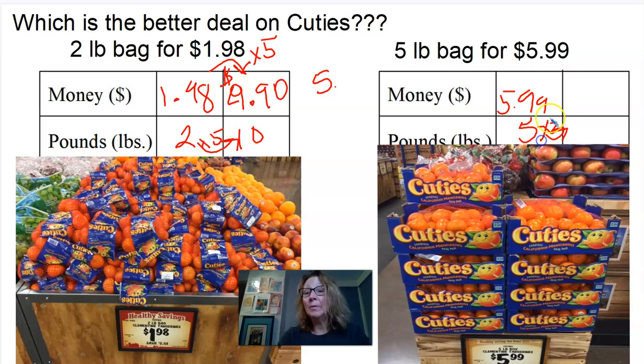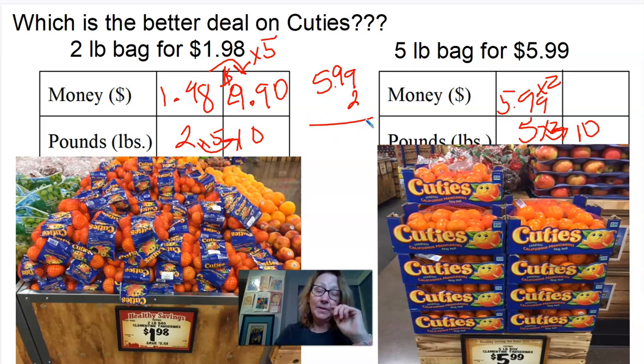So I don't always have to find a unit rate. I'm finding the price for 10 pounds for both. If I round $5.99 up to 6, then double it, it's 12, but then it's 2 cents away. So this was $11.98 for, I'm sorry, for 10 pounds. So you can find a common quantity, or you can find a unit rate.